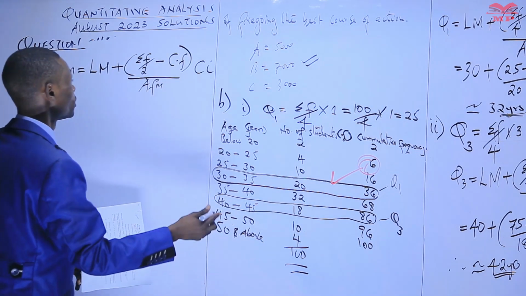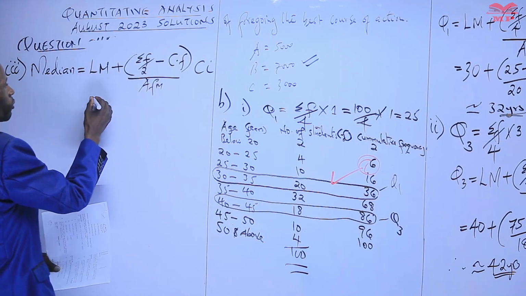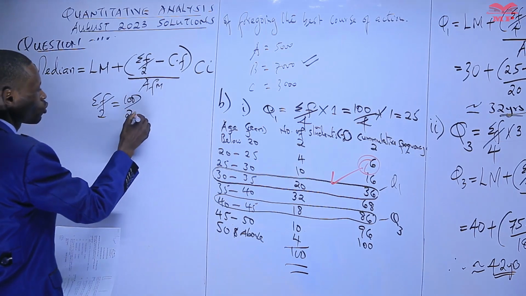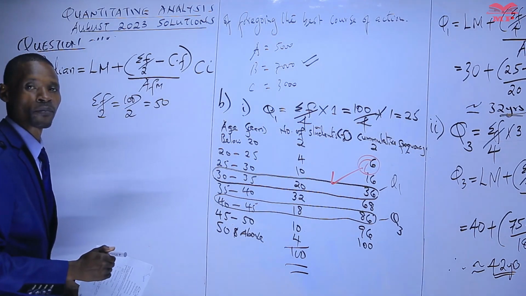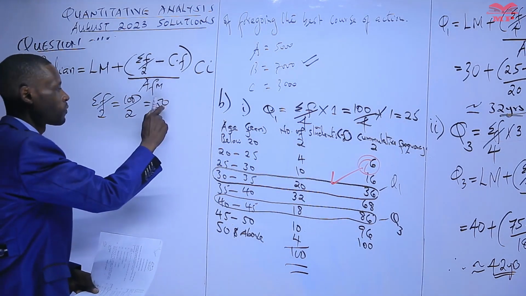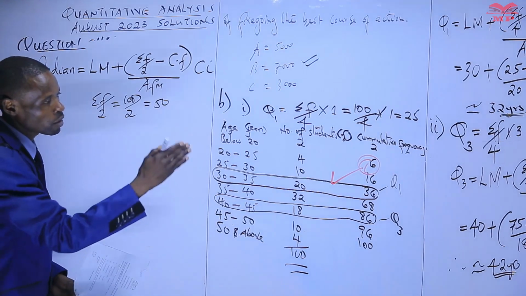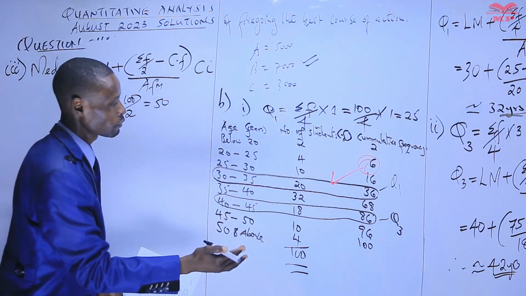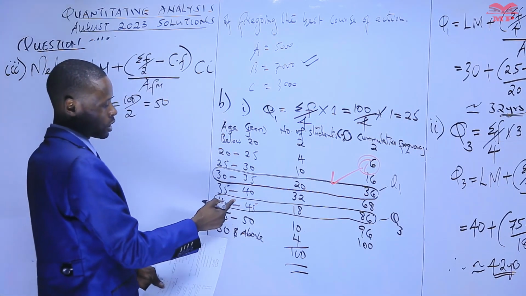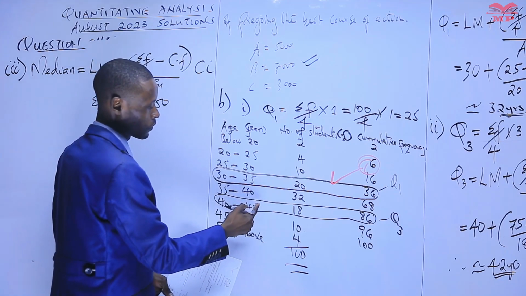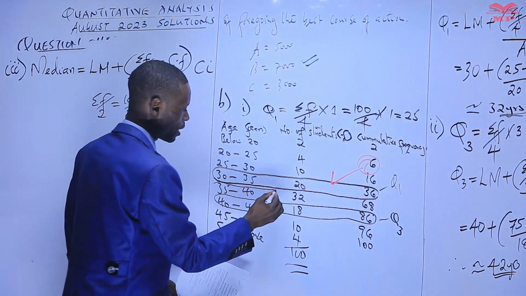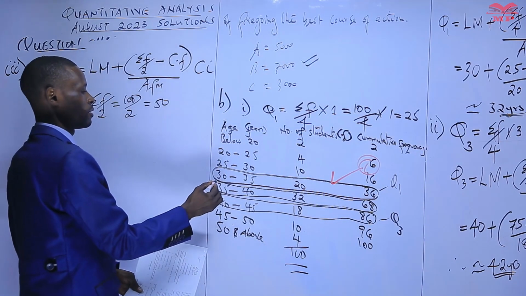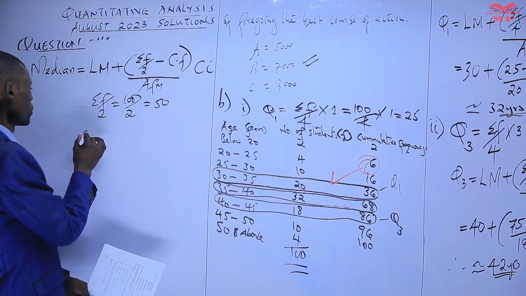At that point, f over 2 is 100 divided by 2, giving us 50. Where does 50 fall in our cumulative frequency? It falls in the range of 35 to 40, so that is our median.